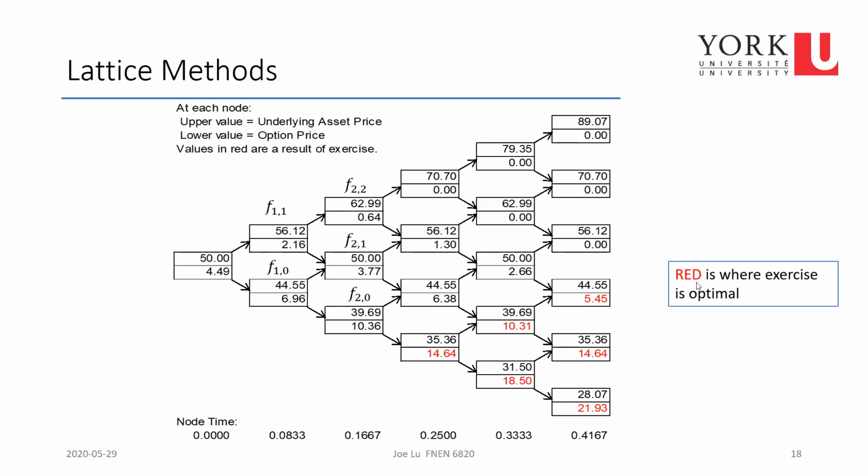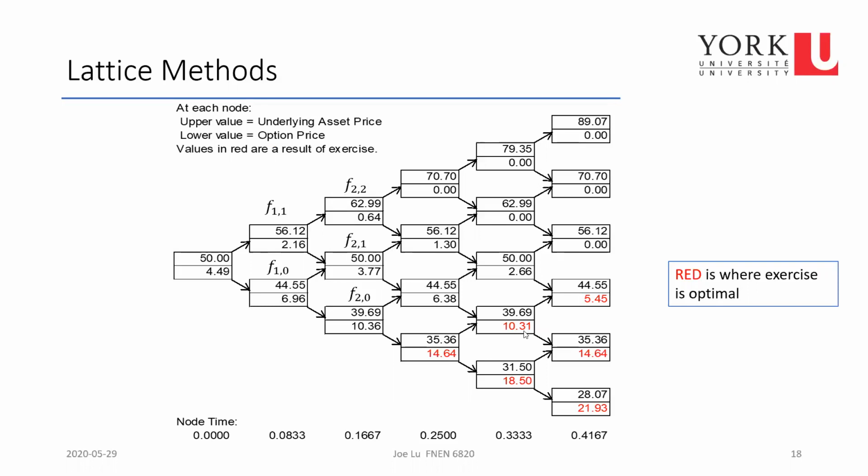If you see, the red one is where exercise is optimal. So in this case here, we can calculate an expected value based on the P we have between this number and this number here. You will find that the expected value is actually lower than this exercise value.